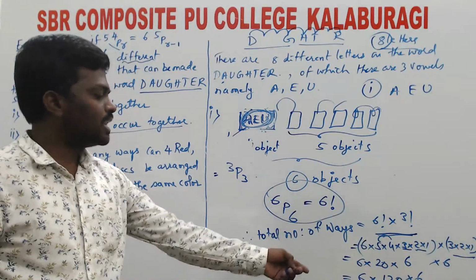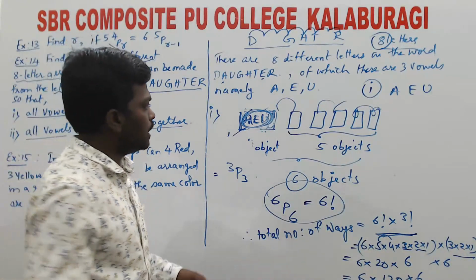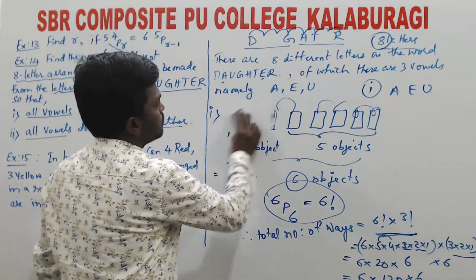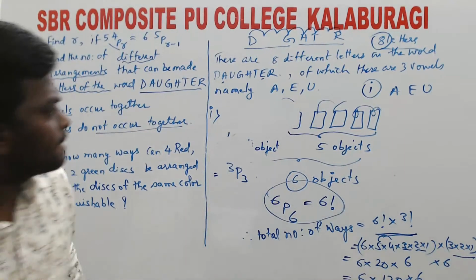So there are how many arrangements? 4320. I'll write here above. It's not visible.